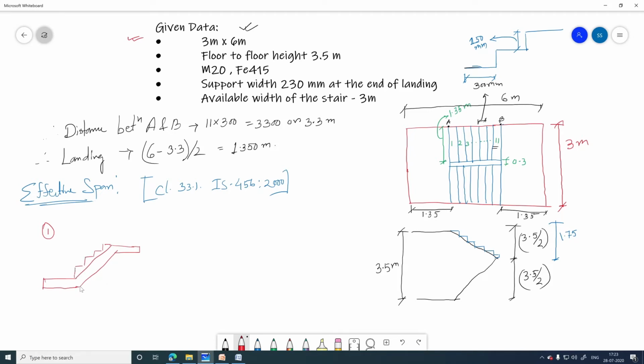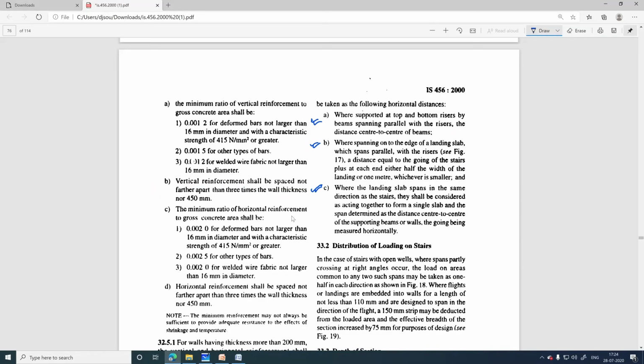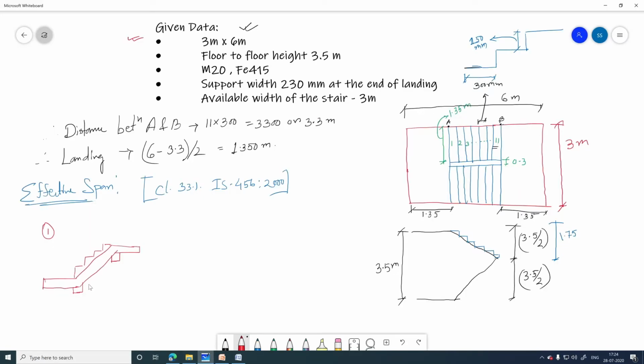If the beam is present at these portions, look here, where supported at the top and bottom risers by beams, this is the bottom riser and this is the top riser, and if it is supported by beams in this portion, the effective length will be the center to center distance between these two beams. This is the first case.